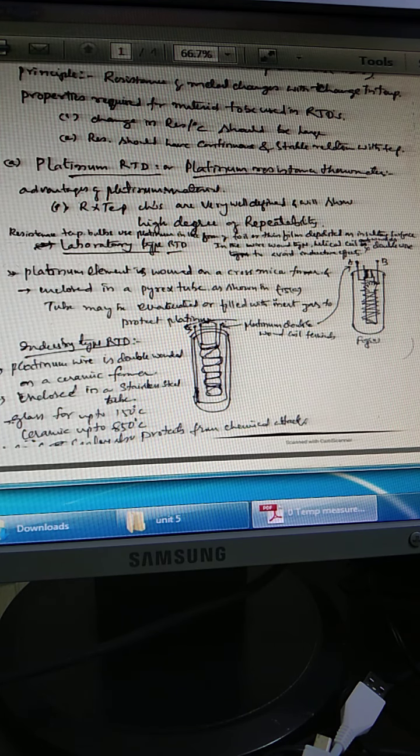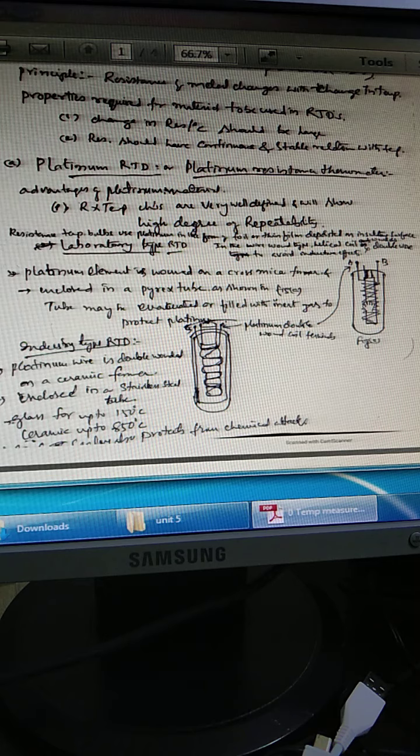So this is the mica core. On this mica core, platinum wire is wound as a double helical coil. That is, one layer is wound on it and a return layer is also wound on it, so that the inductive effect will be eliminated. A and B are the terminals of this platinum wire.